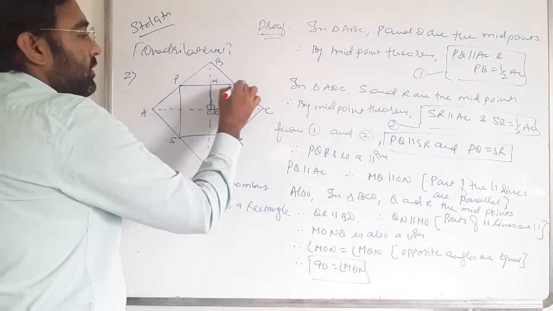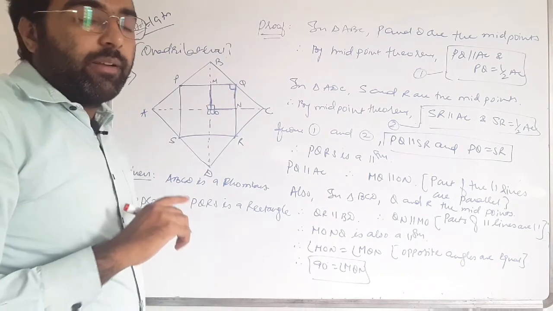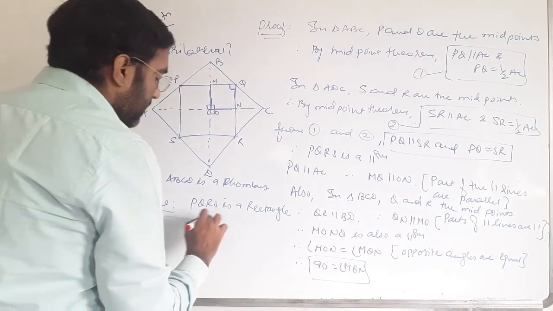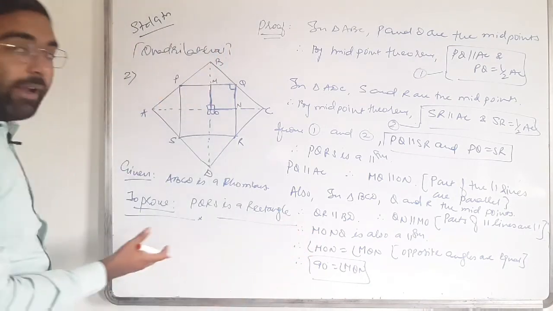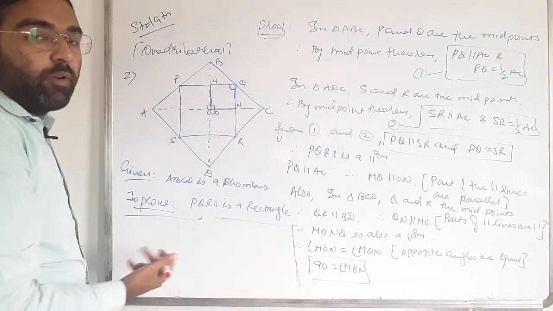Okay, so one angle of the parallelogram is 90 degrees. So that's why we have to say that it is a rectangle. I'll write it here.